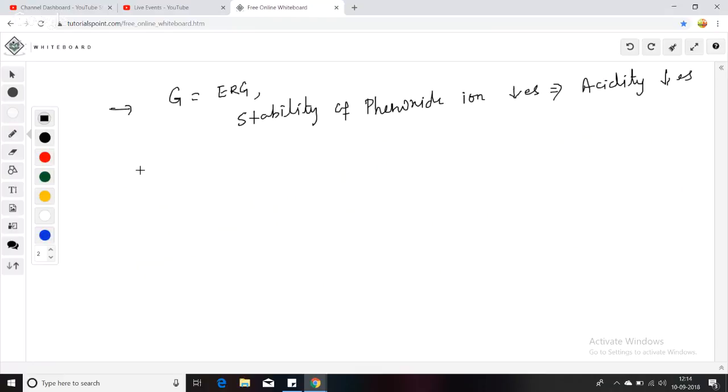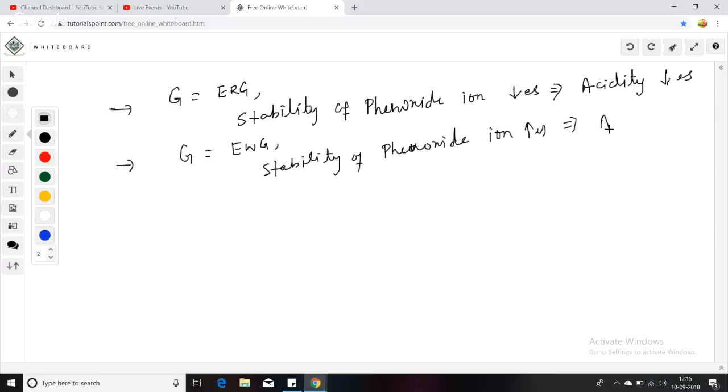If G is an electron withdrawing group, EWG, then the stability of the phenoxide ion increases, and hence acidity increases.